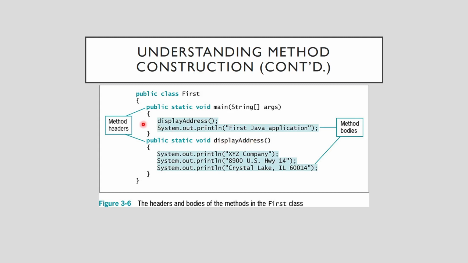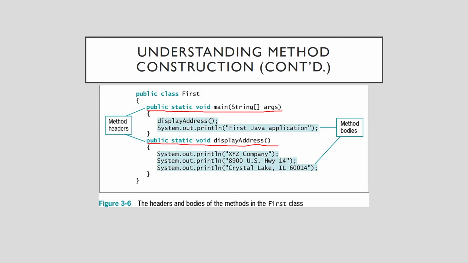Now, what are the method headers here? For example, if we evaluate the method headers, in the main method, this entire line here is the method header. Another method header, for display address, is this entire line here.